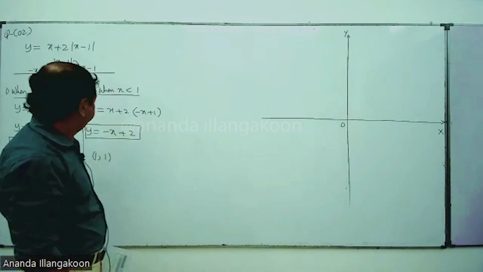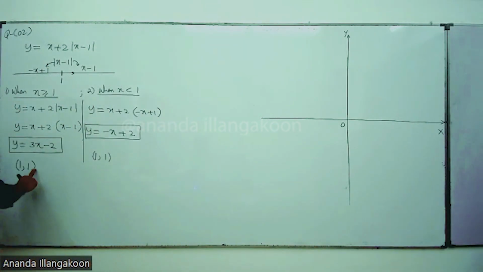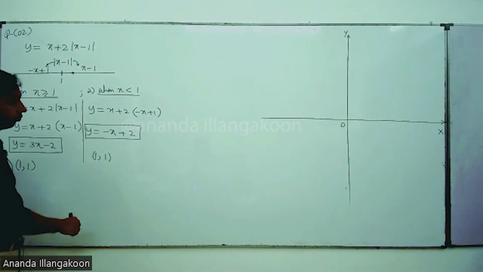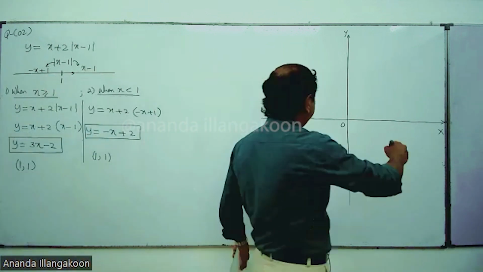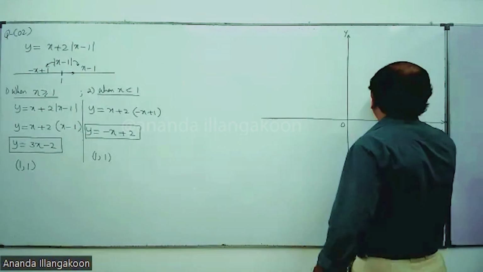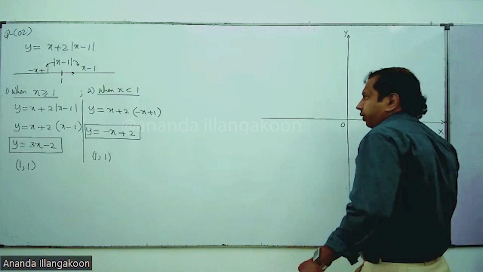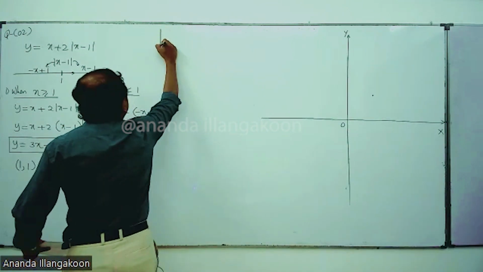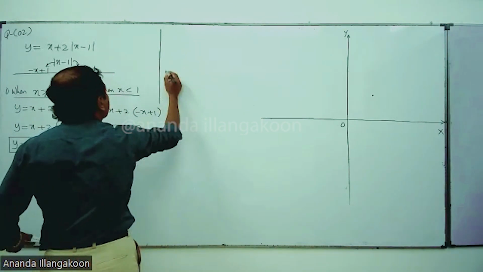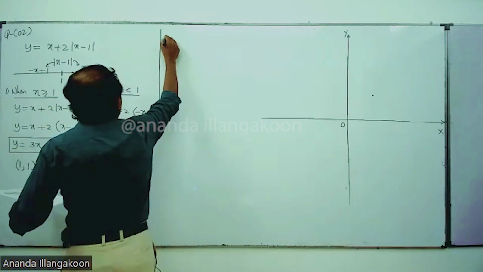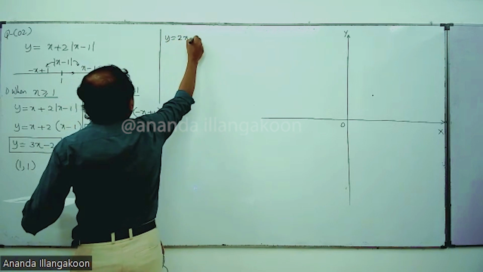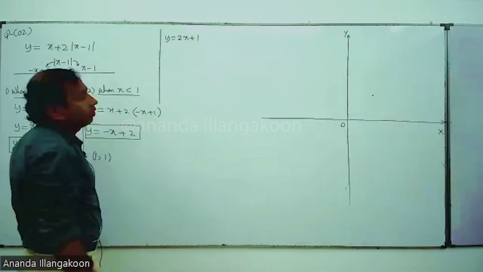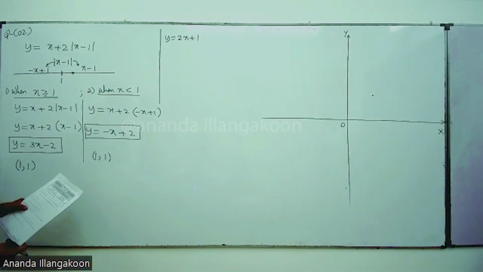Right. One point is 1, 1. Here. One point is this. The other graph to be drawn is this now, people. What's that? y equals 2x plus 1. It doesn't contain modulus.